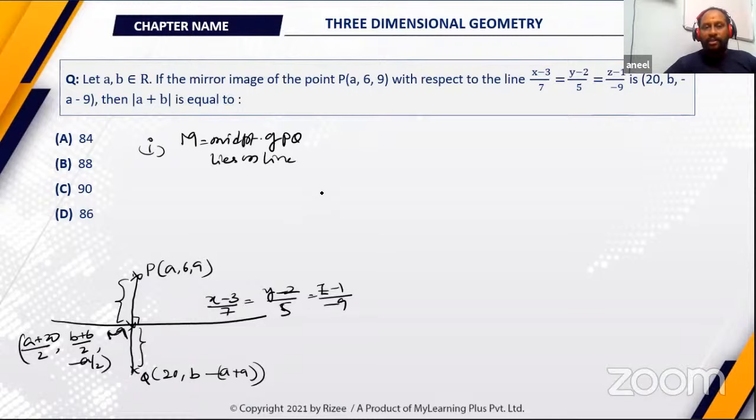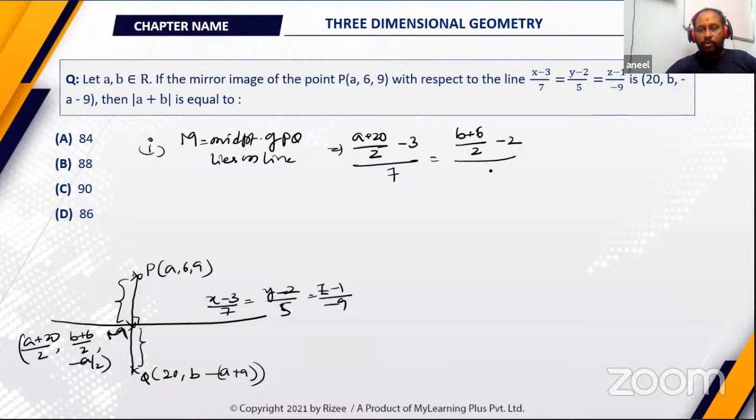This is lying on this line, so it has to satisfy it. In place of x, I substitute (a plus 20)/2 minus 3, over 7. In place of y, (b plus 6)/2 minus 2, over 5, equal to the third coordinate, minus a/2 minus 1, over minus 9.